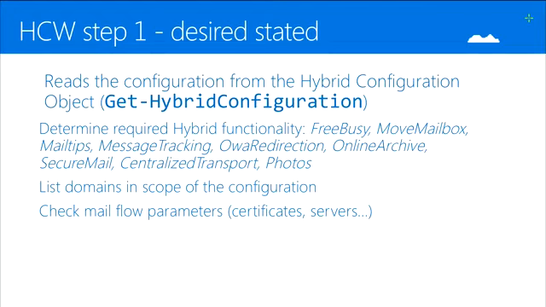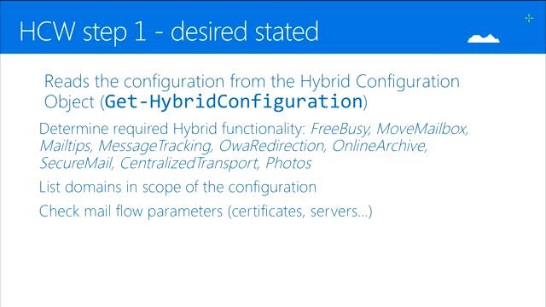Okay, so let's talk more about this then. Now, I remember, I call it the days of yore, it used to be all PowerShell. So this whole thing used to be PowerShell. And essentially it's a 6-step process. So we use the new hybrid configuration wizard.